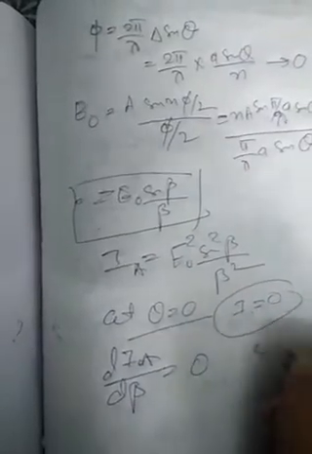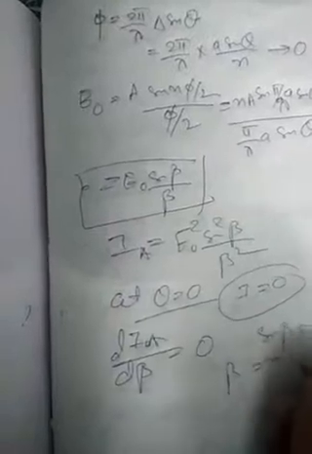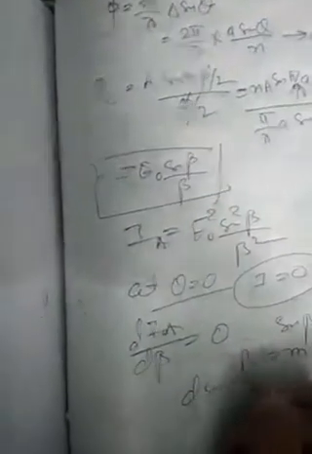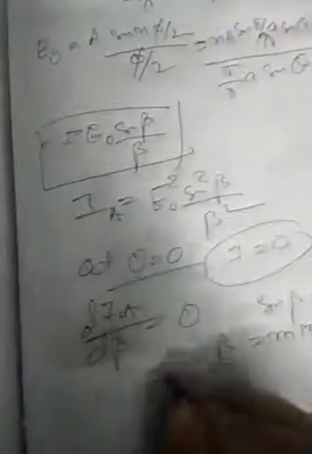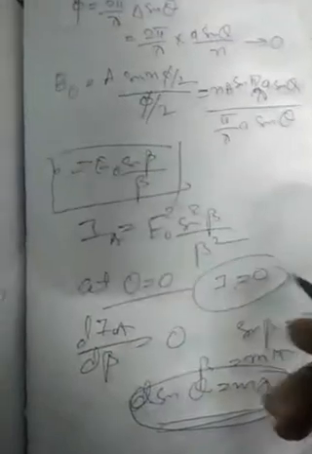Then sine beta comes out to be equal to 0, or beta is equal to n pi, or a sine theta is equal to m lambda. So this is the condition for minima in the diffraction pattern. Similarly, we can obtain the condition for the maxima also using such an equation.